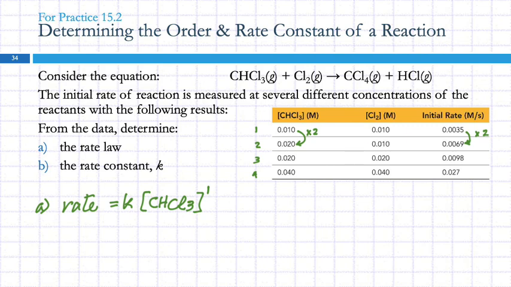It doubles. So this is times 2. And this one is doing what? Well, 0.0098 divided by 0.0069 is 1.42.